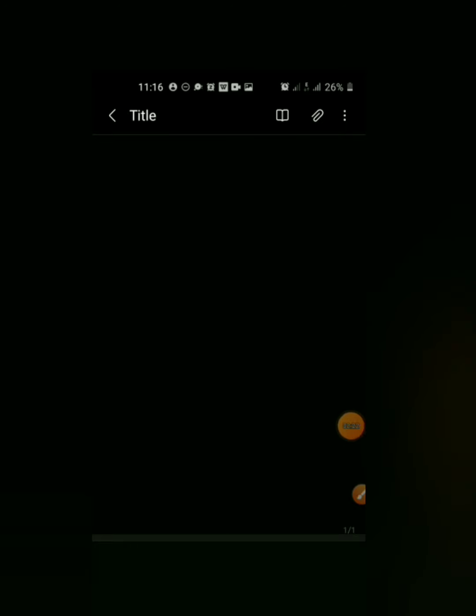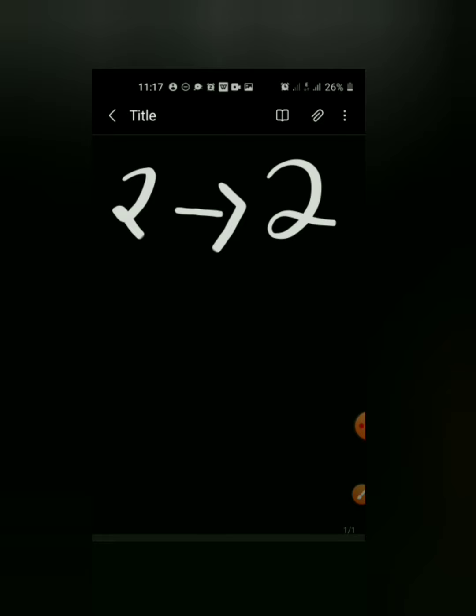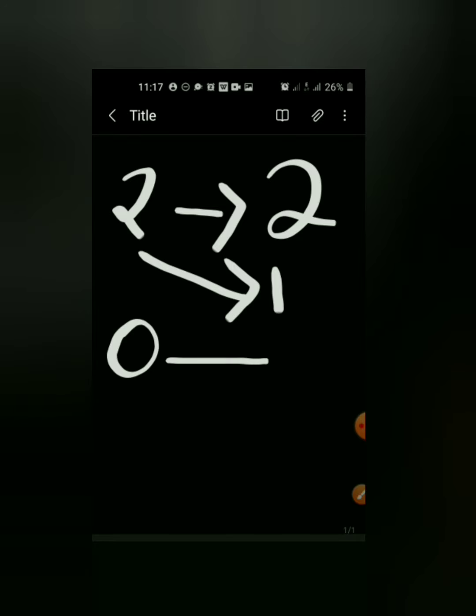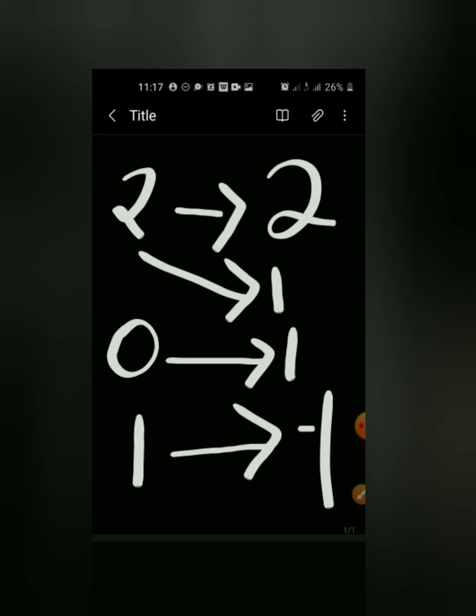We will know why this is not a function. Let's say the example of one-to-many, not a function. 2 connects to 2 coordinates in y, and 1. And then our x coordinate 0 connects to positive 1, and 1 connects to negative 1 element in the y coordinate.